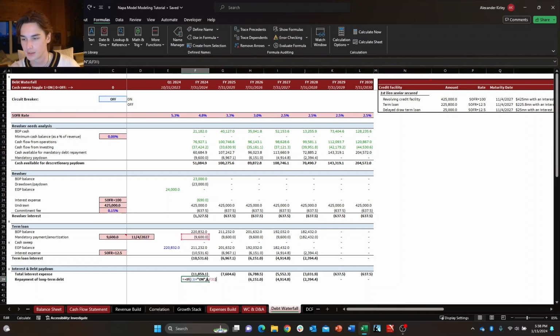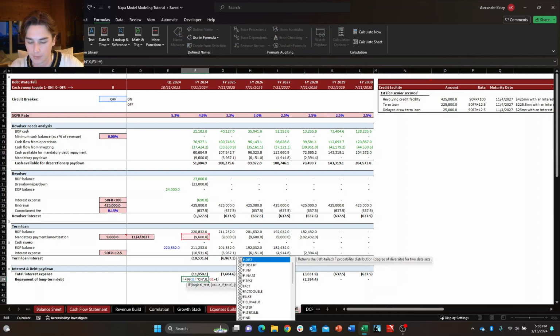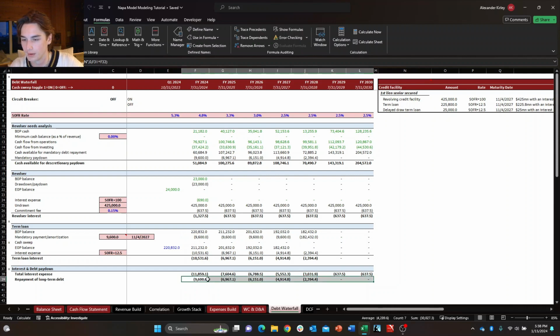So what we're going to need to do is I have to take equal, okay, we'll just go back and then we'll just do plus F32. Excellent.